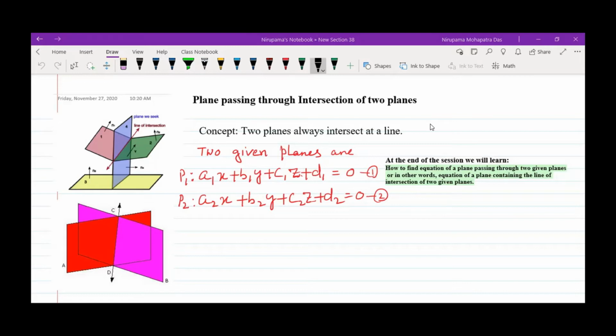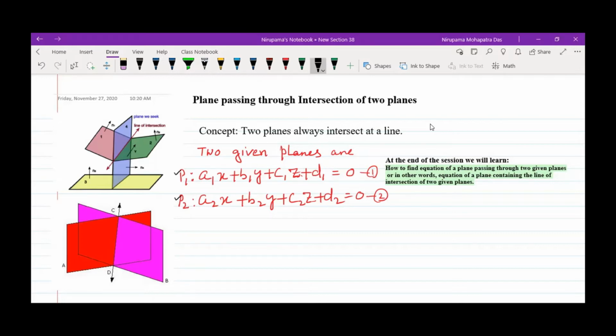It means any linear equation in three variables represents a plane. Now let's take two planes, a1x plus b1y plus c1z plus d1 equal to 0 and a2x plus b2y plus c2z plus d2 equal to 0. Let these two planes be P1 and P2.